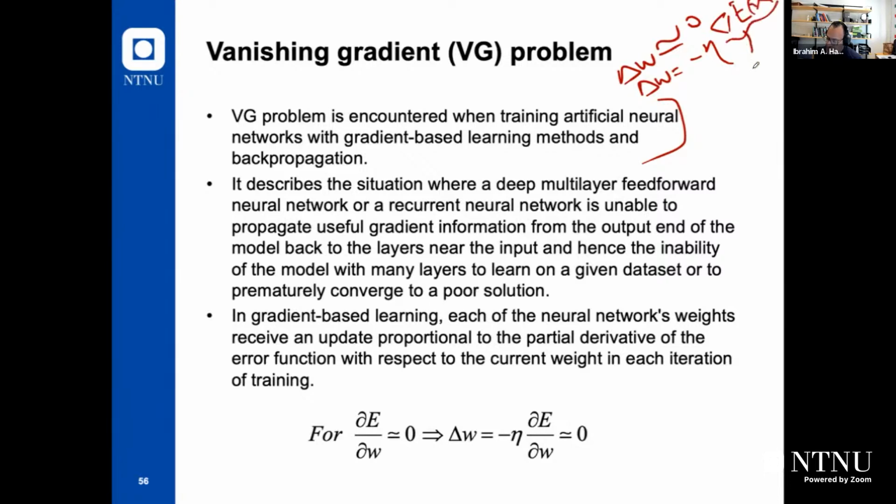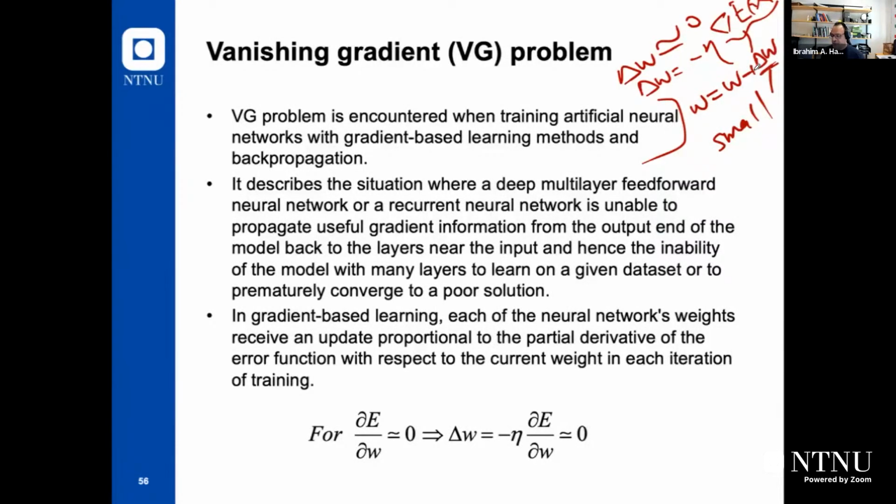So if this value is very small, the delta omega also will be very small. And the step size, I mean the value which will be used for adjusting the weights, will be very small. So maybe we will not adjust weights at all, because omega equals omega plus delta omega. If delta omega is very small, the new omega will equal the old omega. So we will not be able to train our model.